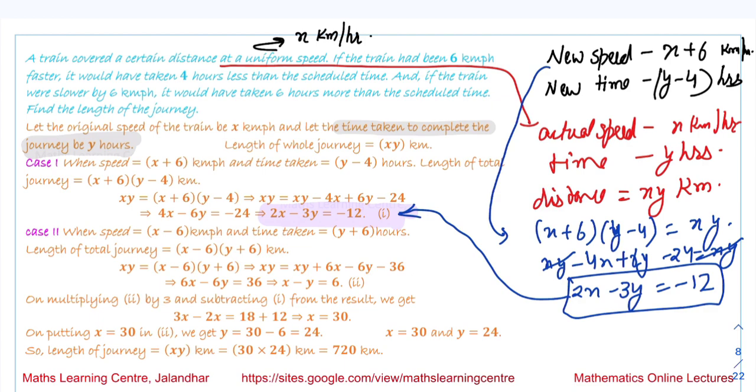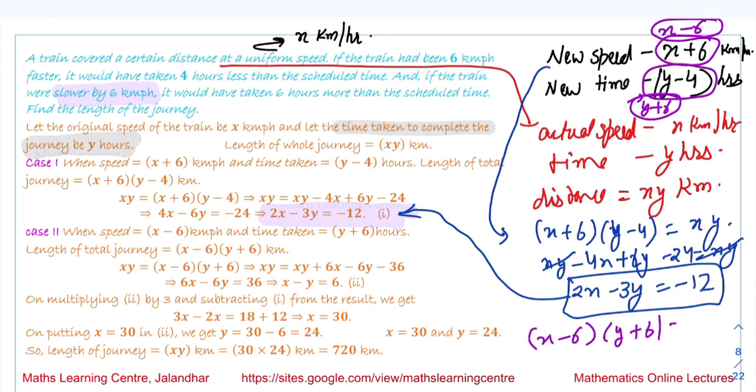Now the second is, if the train were slower by 6 kilometers per hour, the new speed would be x minus 6 kilometers per hour. It would have taken 6 hours more. It means this is y plus 6. So the equation we have is x minus 6 into y plus 6 is equal to xy.